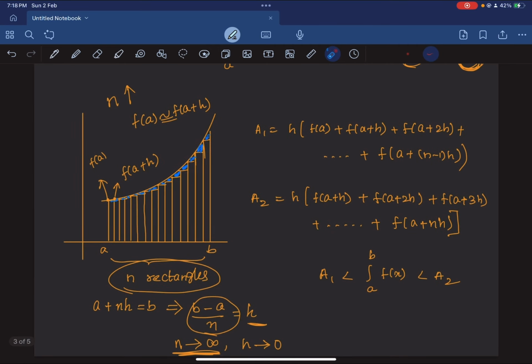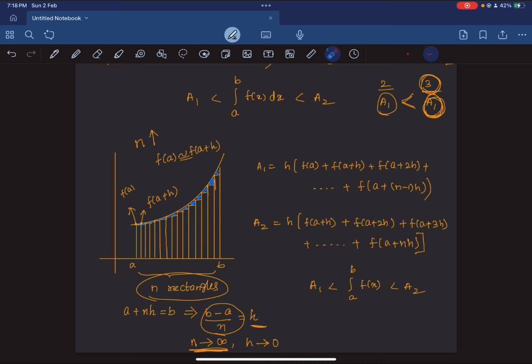So when we have n rectangles, a2 is f of a plus h, a plus 2h, going till f of a plus nh. Now here also a1 is less than the actual integral, there should be a dx here, less than a2. So this is when we have n rectangles.